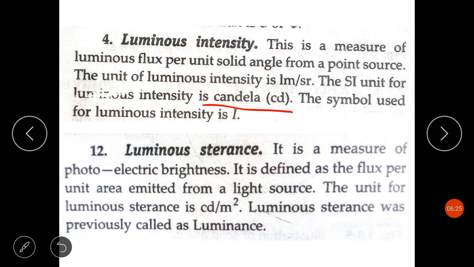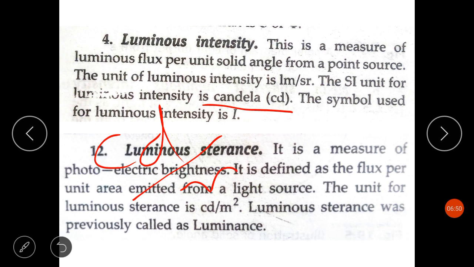The next term is luminous emittance. It is the measure of photometric brightness, defined as the luminous flux per unit area emitted from a light source, and its unit is candela per meter square.